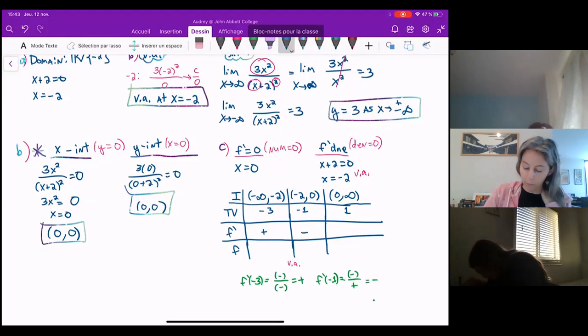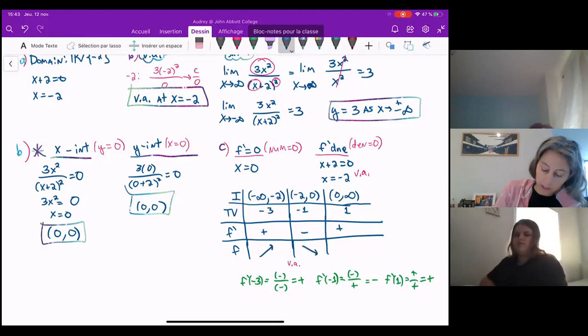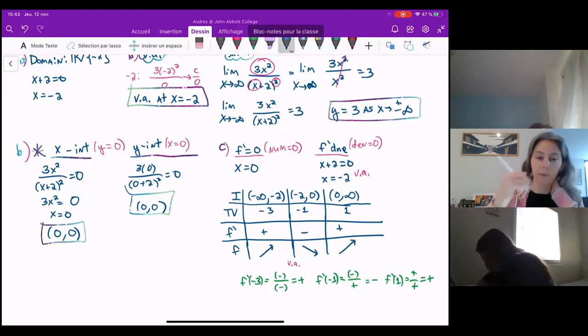And then I'll do f prime of 1, which gives me a positive over a positive, which is positive. So here I'm increasing, and then I'm decreasing, and then I'm increasing.